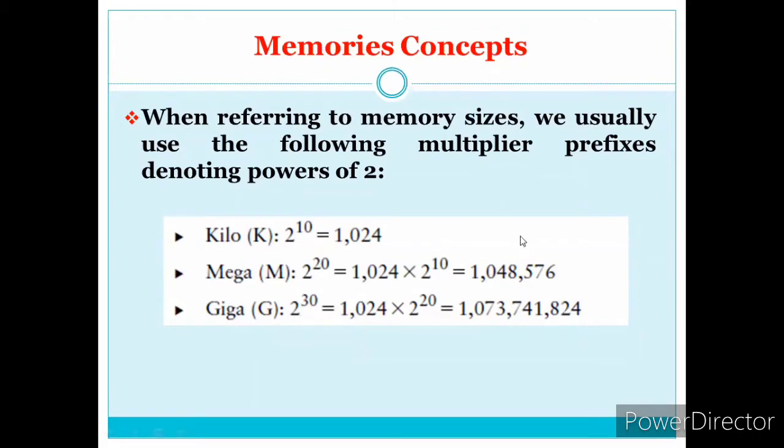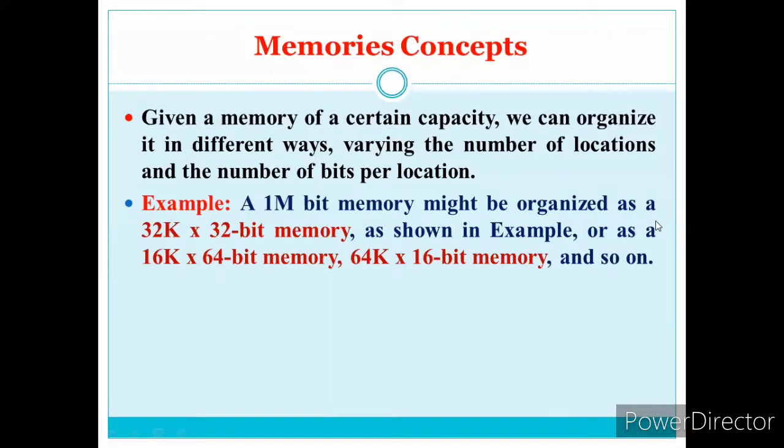The general representation we will observe in future sessions. Now, given a memory of a certain capacity, we can organize it in different ways, varying the number of locations and the number of bits per location. It means that one memory size can be designed in different configurations.